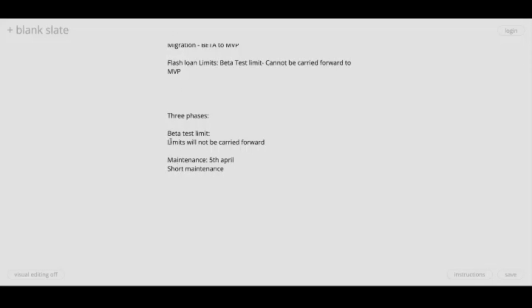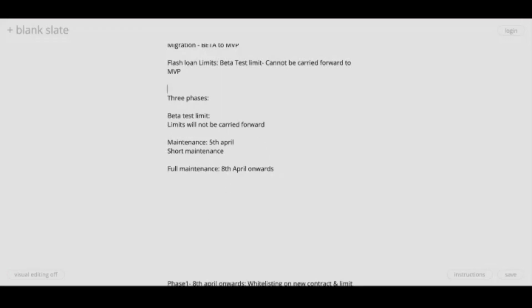The first maintenance will start from 5th April onwards. It will be a short maintenance, and then the major maintenance will start in the first phase, on 8th April onwards, where you have the time to burn your flash loan limit, that is your beta test limit.